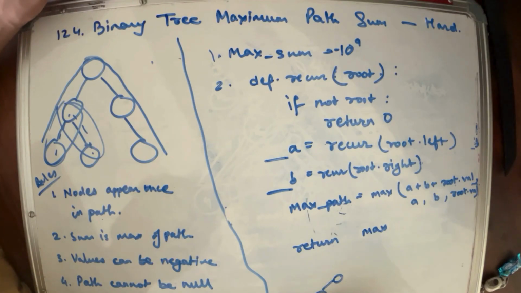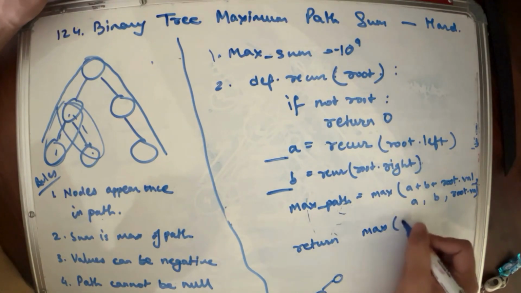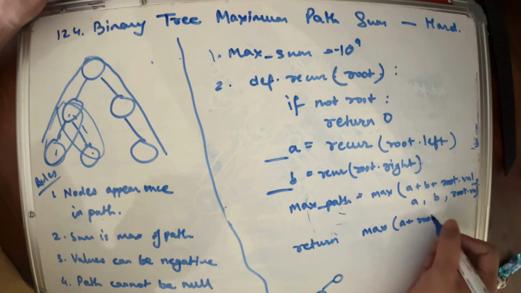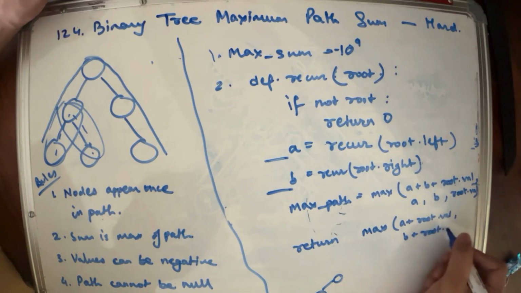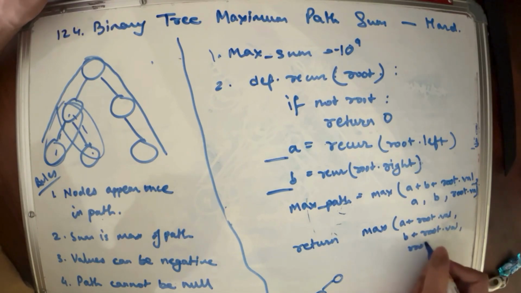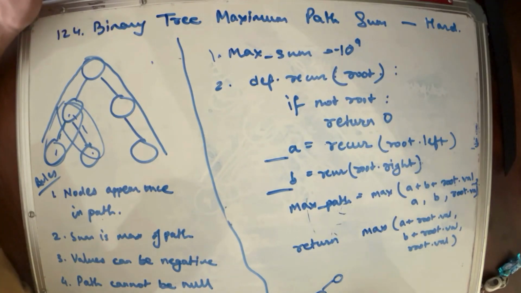Now this root will send maximum of either A plus root node, or B plus root node, or only root node, because these two can also be negative path sums, right? So it can be A plus root value, comma, B plus root value, comma, only root value. Whichever is the best. So we can select either this, or only this, right?